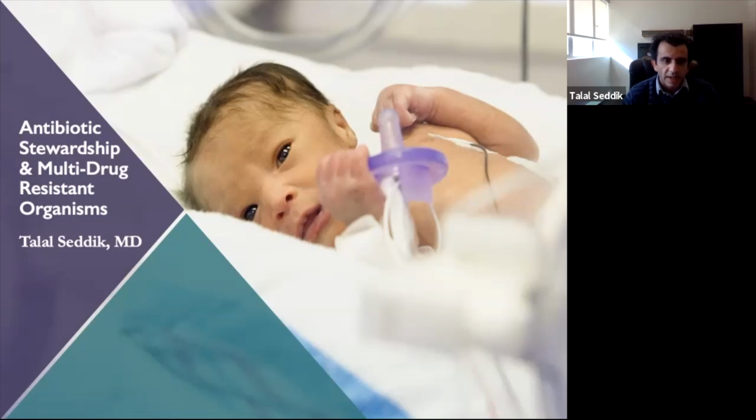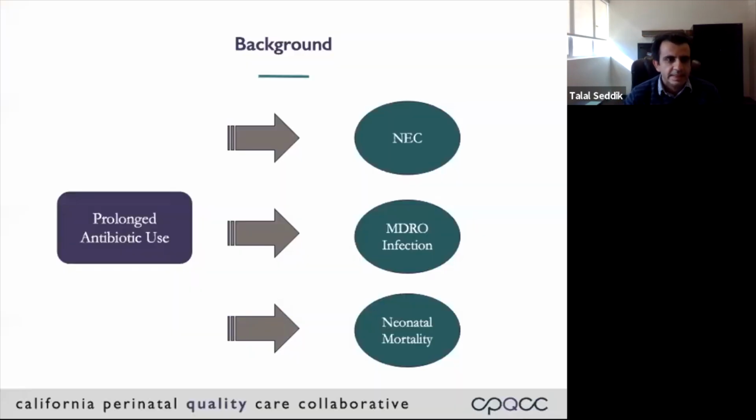You might think, how is antimicrobial stewardship helping with HAI prevention, and how does it tie in with multi-drug resistance? That's what I'm going to go through. Next slide, please.